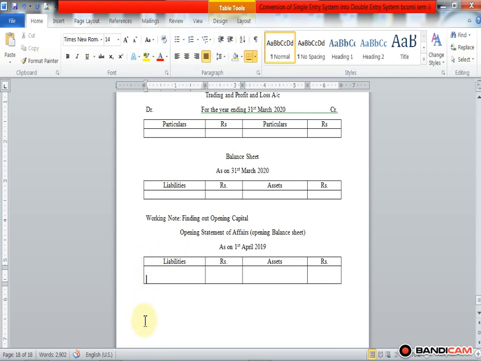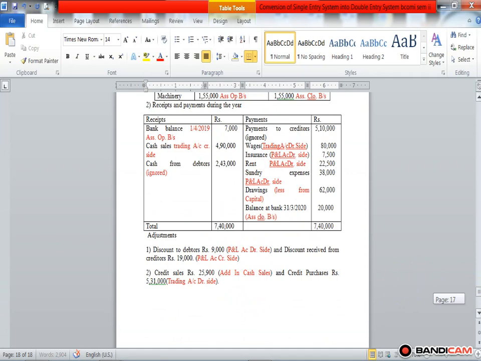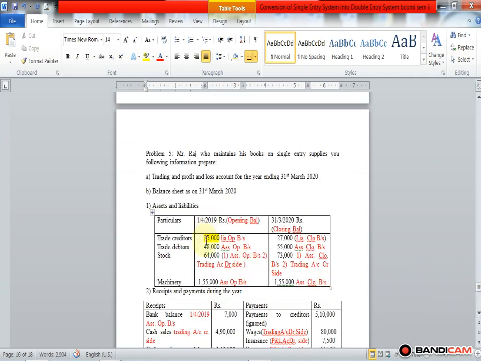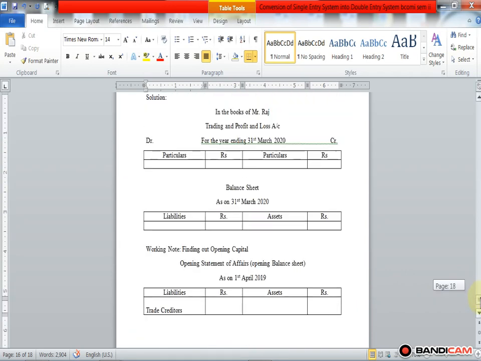Trade creditors on 1st April 2019. Only the amount of 2019 will be posted on the opening balance sheet. So 25,000 is posted to the opening balance sheet.